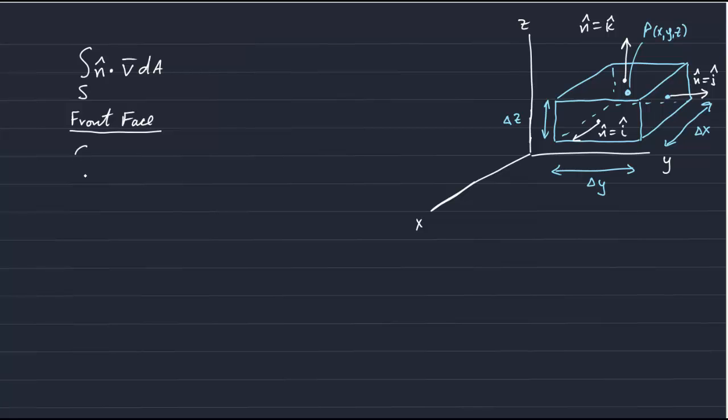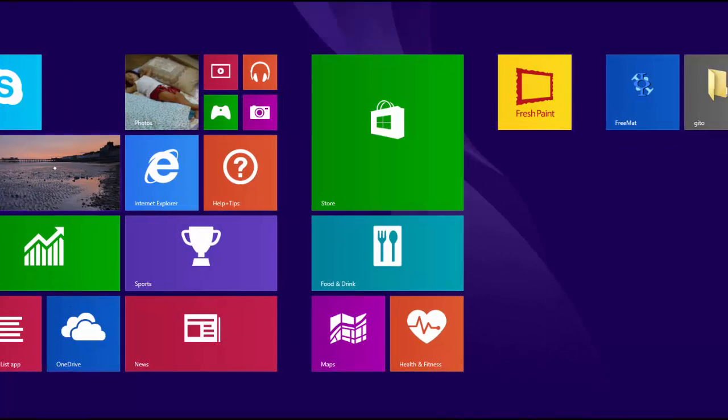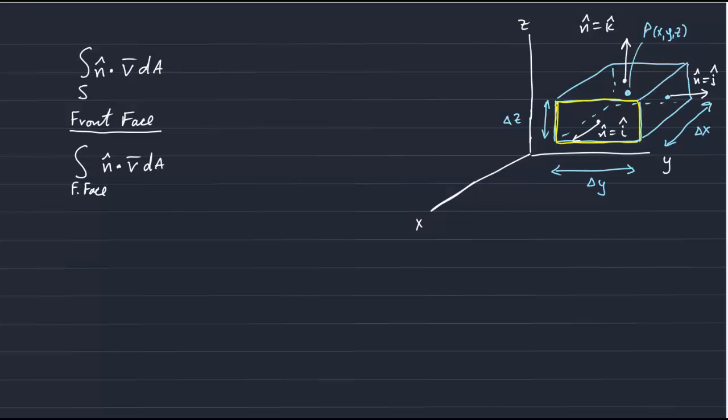So that's the integral over the front face. By front face I mean this face right here. It's facing sort of diagonally and outward of the computer monitor here. And we're integrating n hat dotted with V across that whole rectangular plane here.